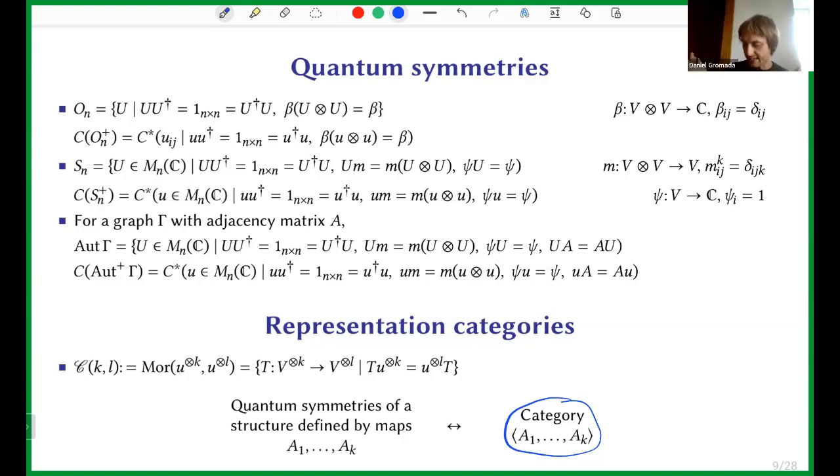Well, it's a category that's generated by the stuff you want to preserve. So if you're studying symmetries of some algebraic structure, you want to study the category which is generated by the structure maps. So, right, that's the idea. And let's have a look at concrete examples.